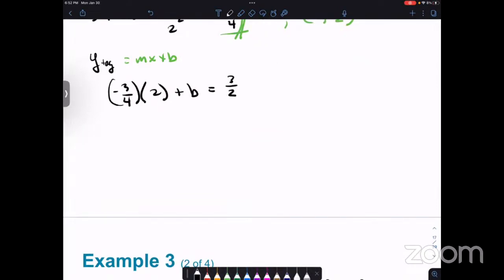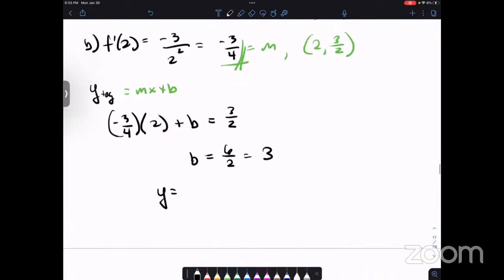B equals 3/2 plus 3/2, that's 6 over 2. It's 3. So the y-intercept should be 3. So then our equation should be y equals -3/4 x plus 3.